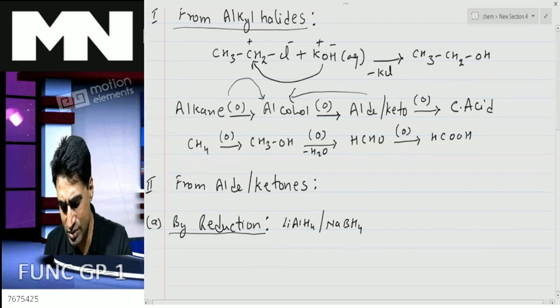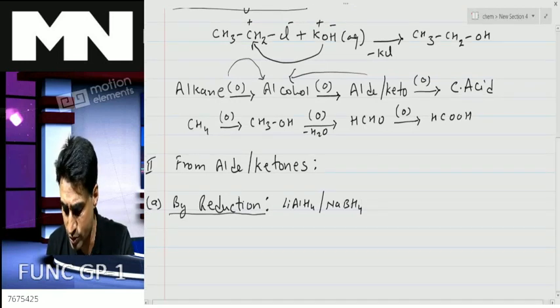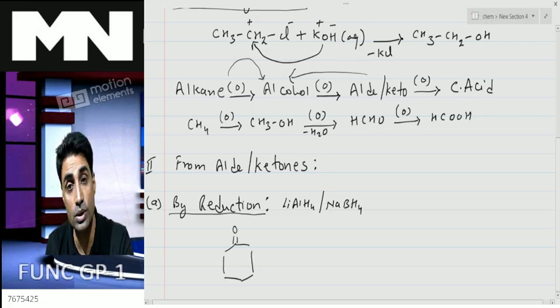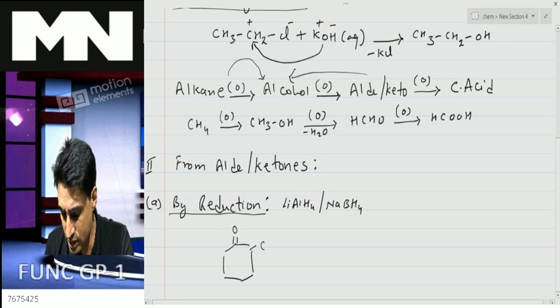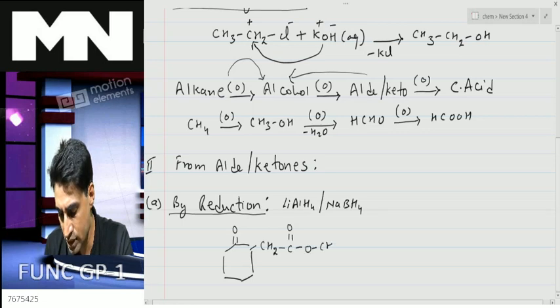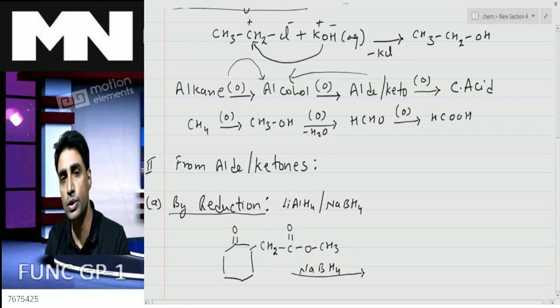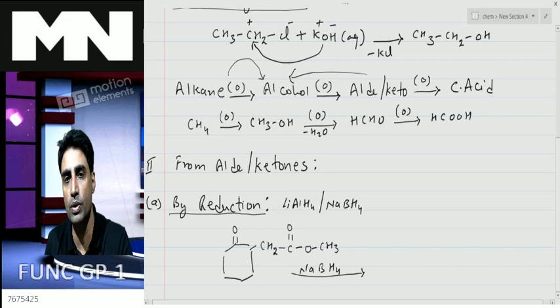For example, I'm giving you one question which is there in your textbook also. Suppose I have a compound like this. This is cyclohexanone, and here CH2, C double bond O, O, CH3. This is the compound I have. And I am reducing it with NaBH4. As I told you, NaBH4 being a weak reducing agent will reduce only the carbonyl group belonging to aldehyde and ketone.